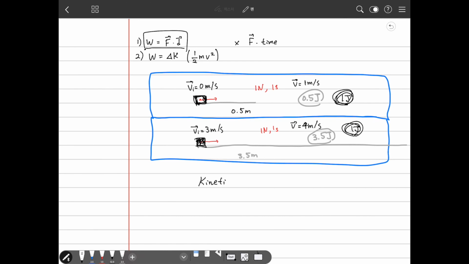So this is where kinetic energy is important, and we must shift our focus to kinetic energy.